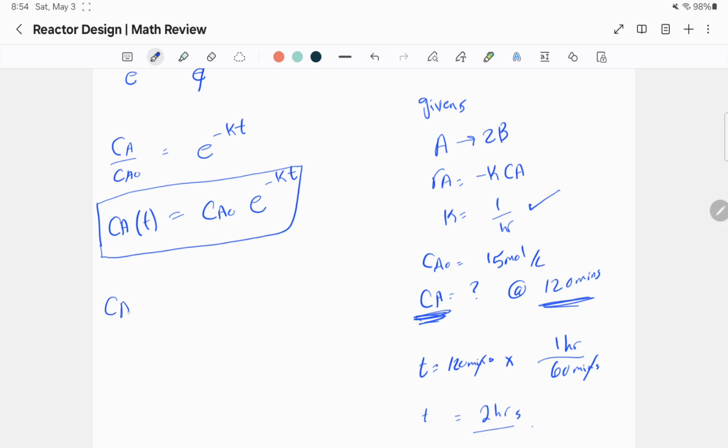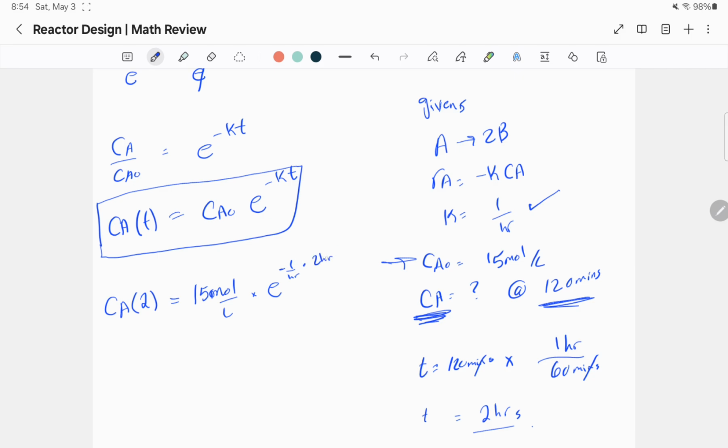We want CA, the concentration of A at time of 2 hours, which equals, our CA naught is 50 moles per liter, times e to the power of negative K, which is 1 per hour, times the time, which is 2 hours.